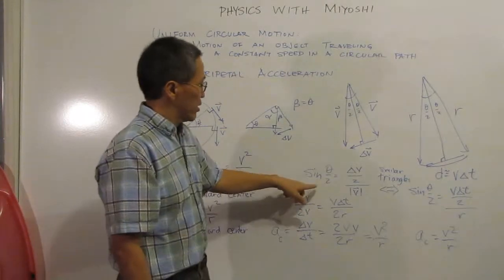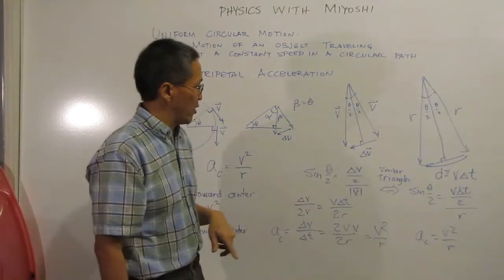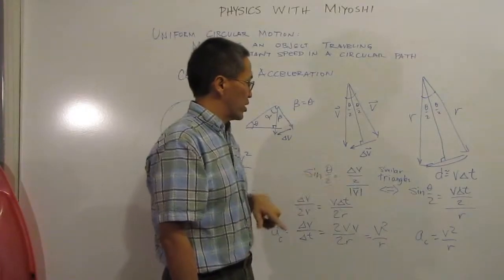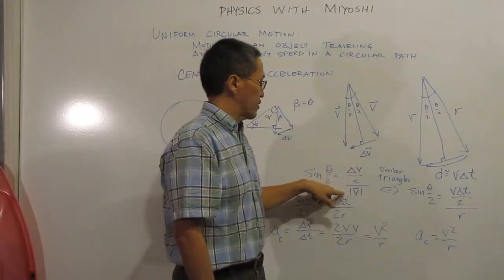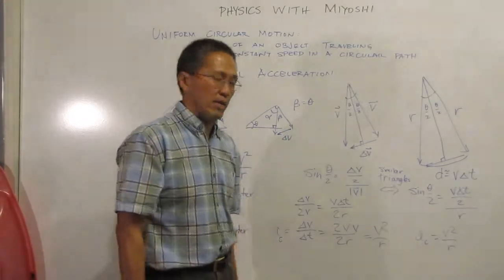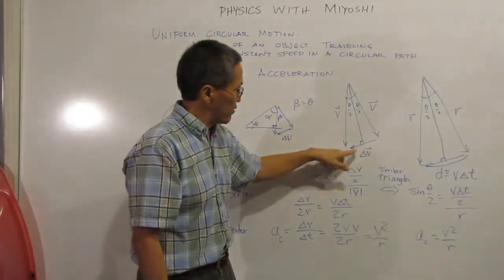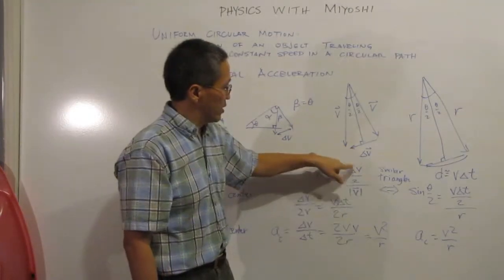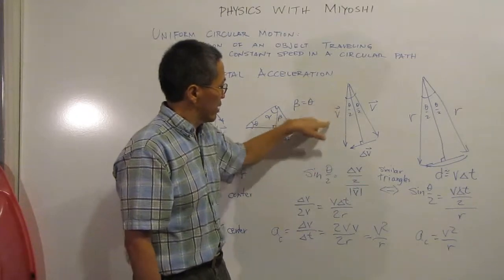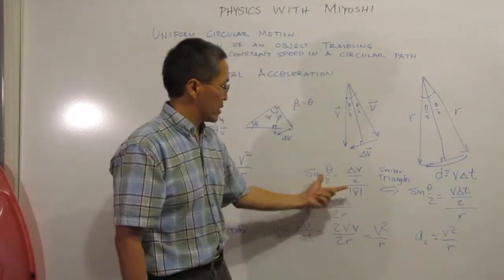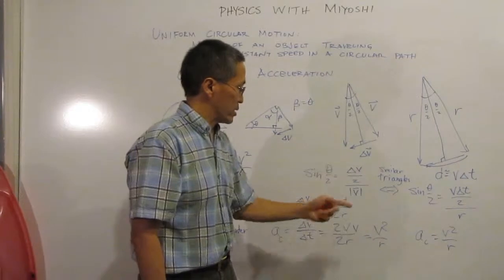And over here on the velocity, we have the same thing. The sine of theta over 2 is delta v over 2 divided by the magnitude of my velocity. That's going to give me that equation there.